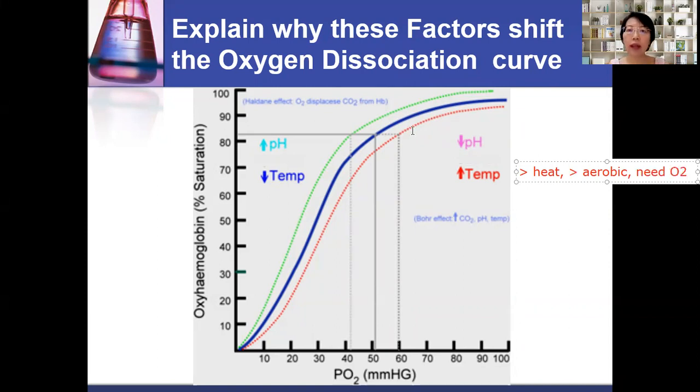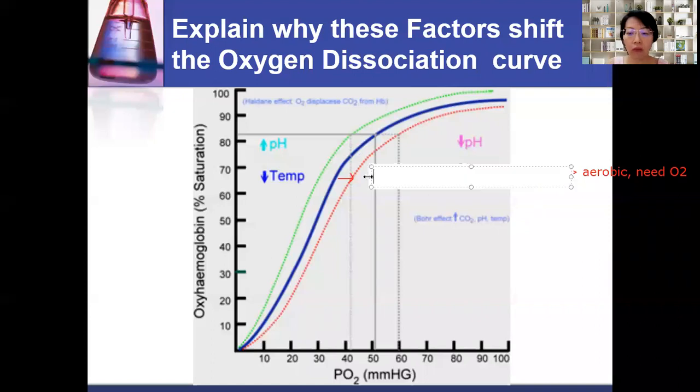So therefore, to the right is when hemoglobin needs to unload the oxygen. So to the right means reject. Okay, this is for you to remember only, but you cannot write the word reject. To the right means reject. Reject means you will unload. So therefore, it will unload oxygen to make it available to the tissue. Okay, so to the left is the opposite.